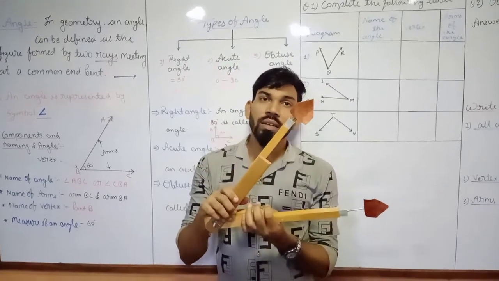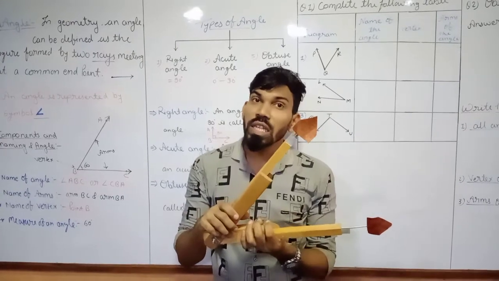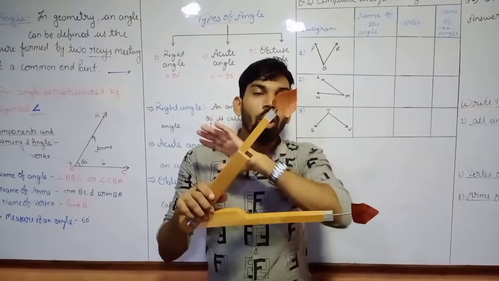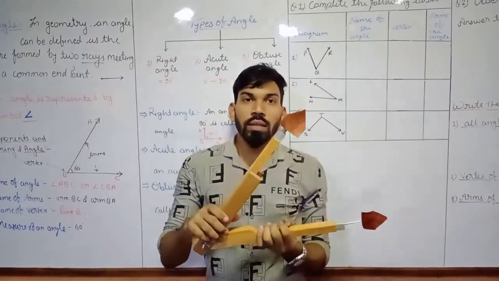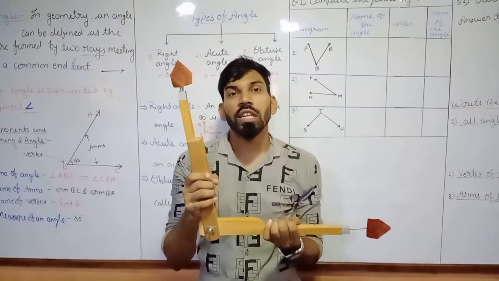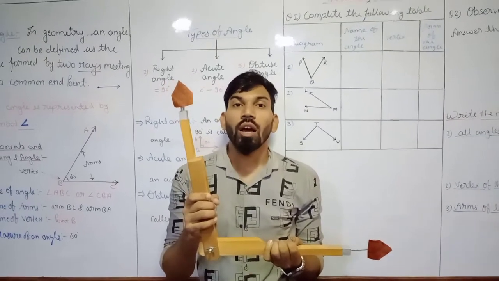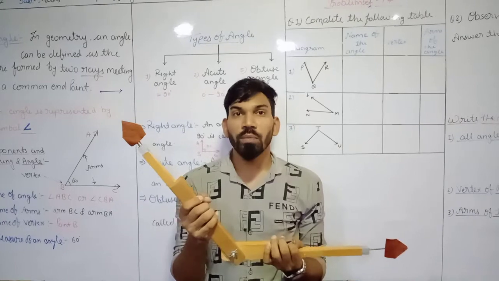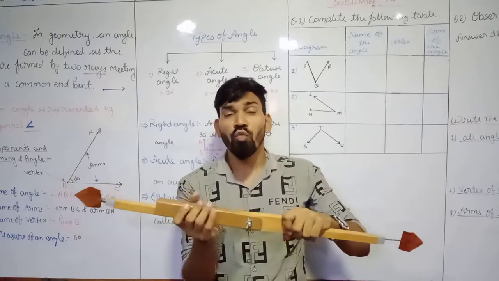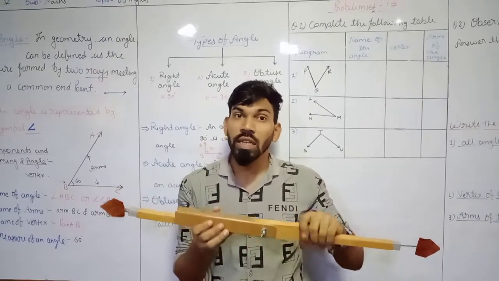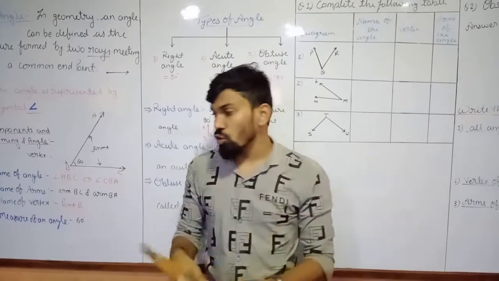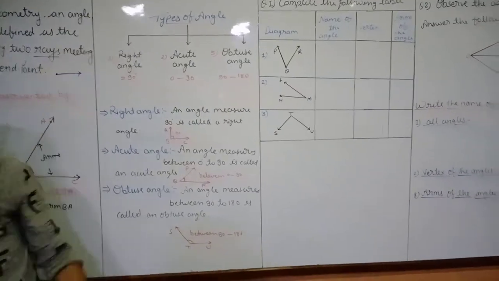If we have 15, it is also an acute angle. So between 0 and 90, from 1 to 89, the angle is called acute. If we move 1 degree ahead of 90, like 91 degrees, that is called an obtuse angle. It could be 150, or 179, and it is still called an obtuse angle. This way we come to know these three types of angles.